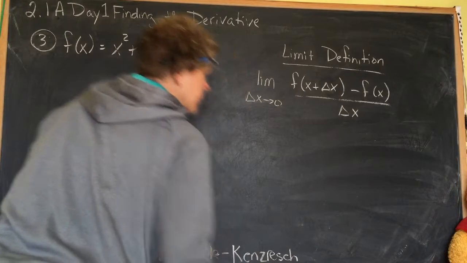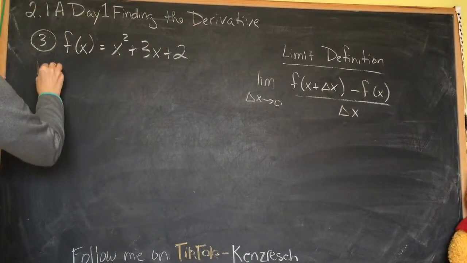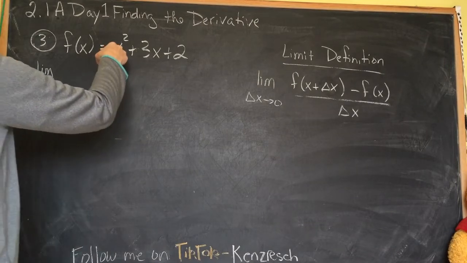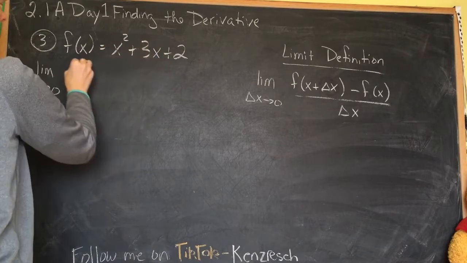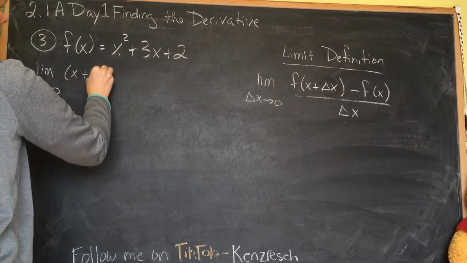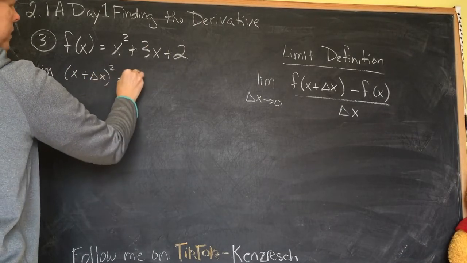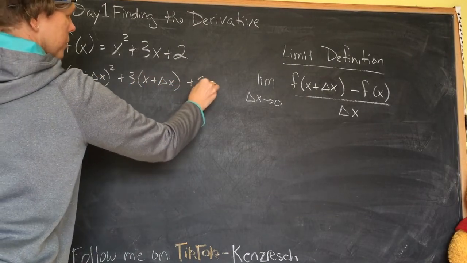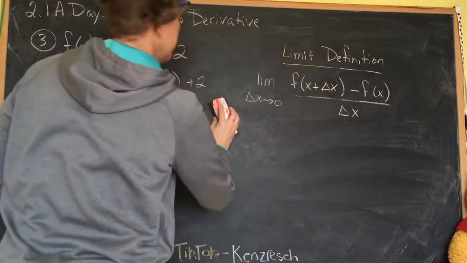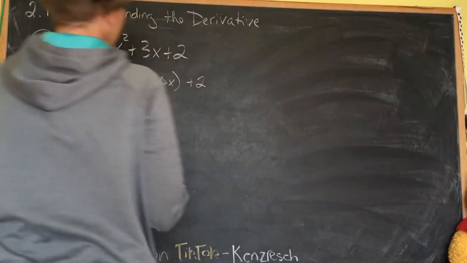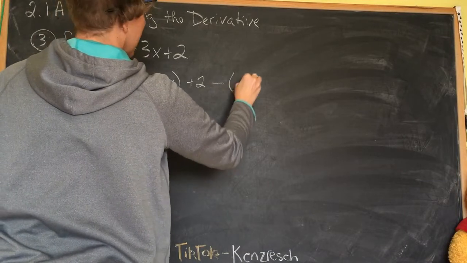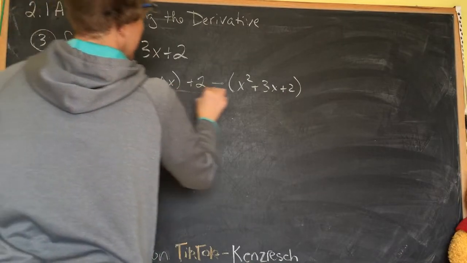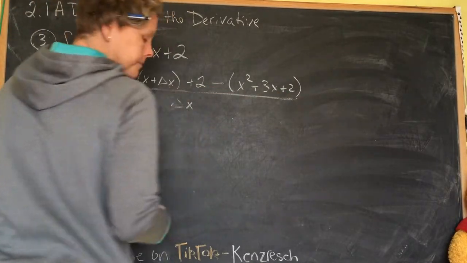All right, so I have the limit as delta x approaches 0. Now I'm going to take out the x here, and I'm going to take out the x there. So I have x plus delta x squared plus 3 times x plus delta x plus 2. Now I have to subtract off the function itself, and that's all over delta x.